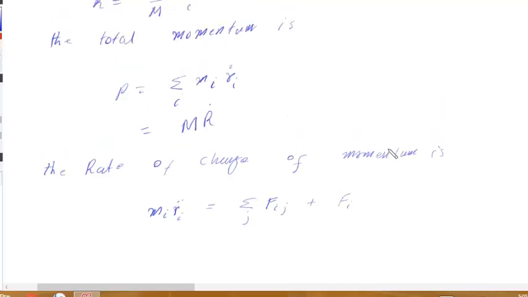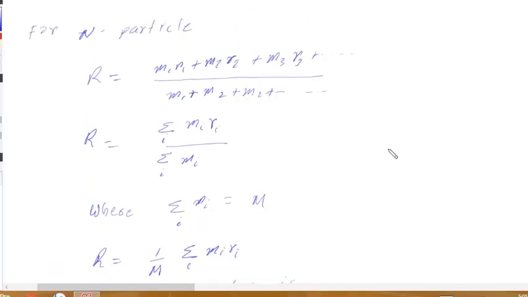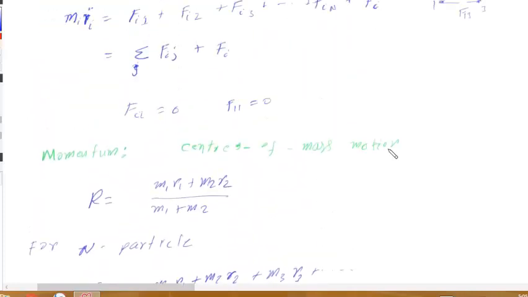We already derived this here. Let us look here, this force.